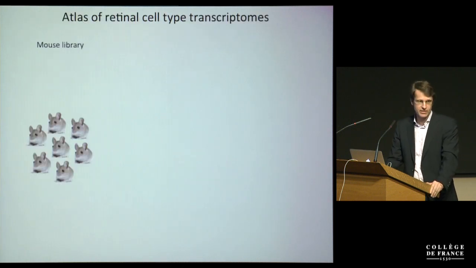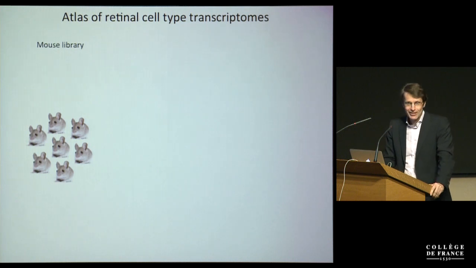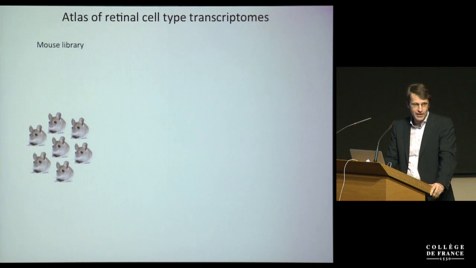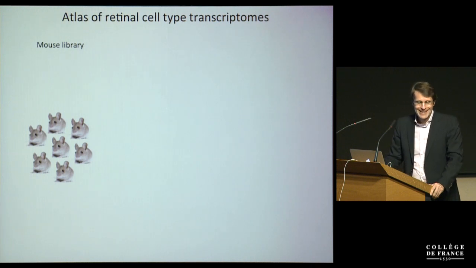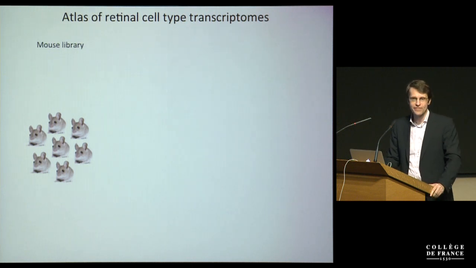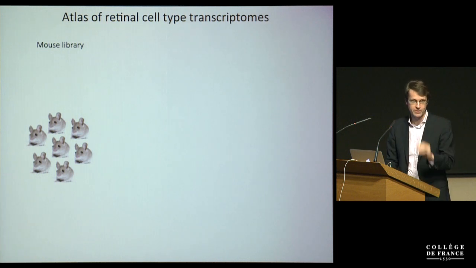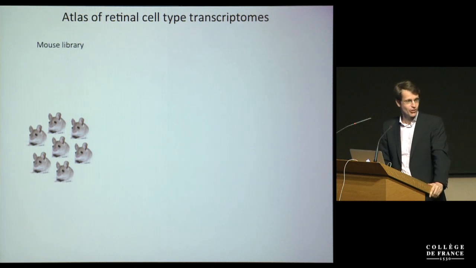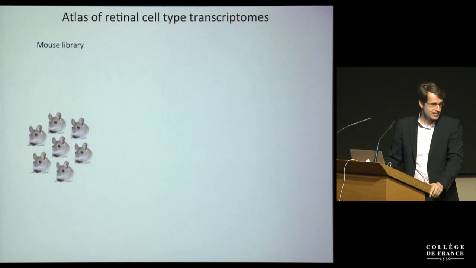We got lucky a number of years ago, in 2005, that the NIH had a very large program with Nathaniel Heintz at Rockefeller University to create a very large number of mouse lines expressing GFP from different promoters. At that time, people were not very worried about cell types.